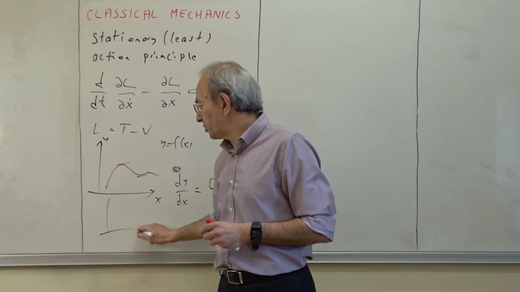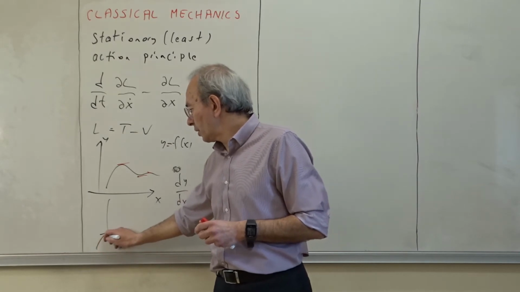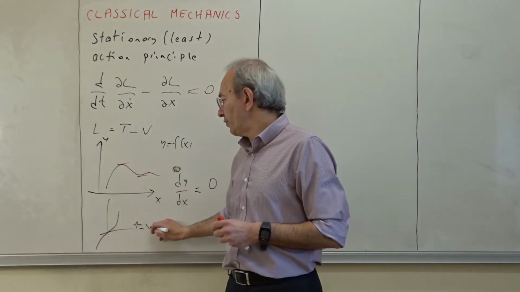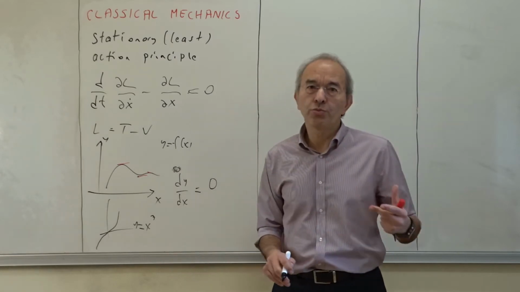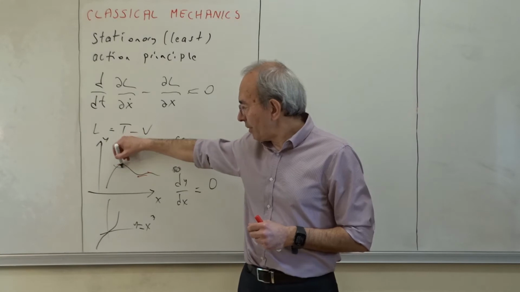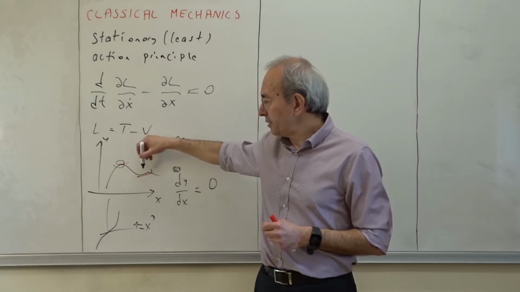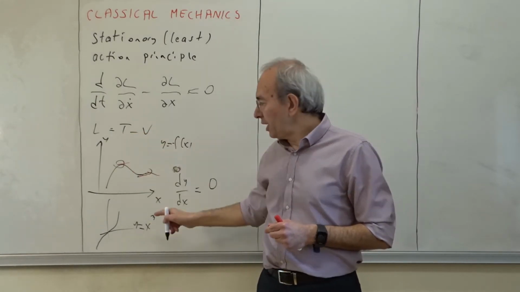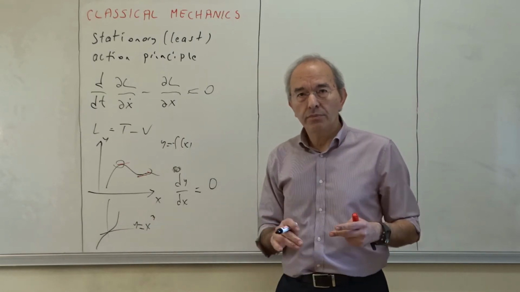For instance, the inflection point may be the following. This is the case of the function y equal to x cubed. Unlike the first case where we have two maxima and one minimum, here we have neither a maximum nor a minimum.